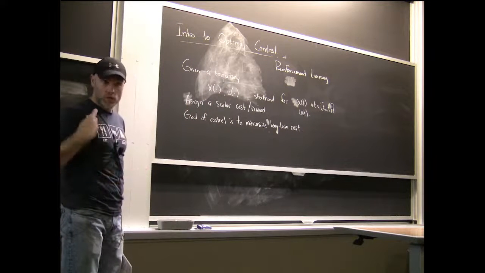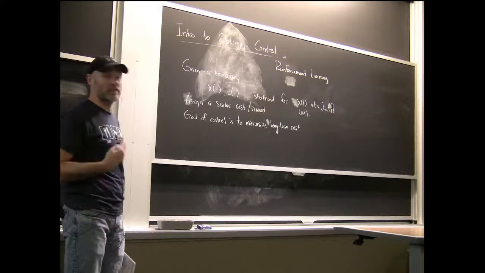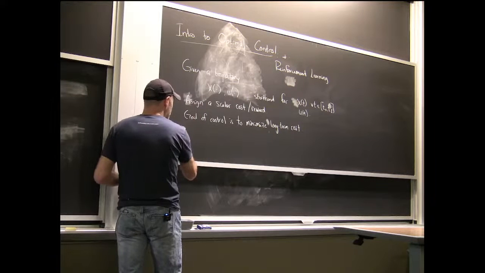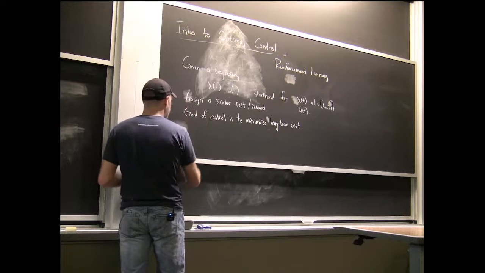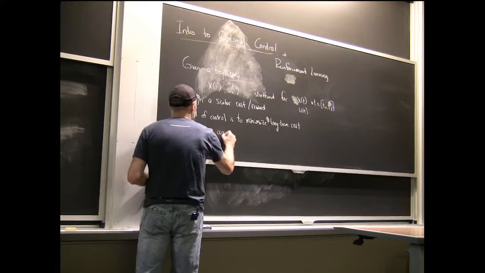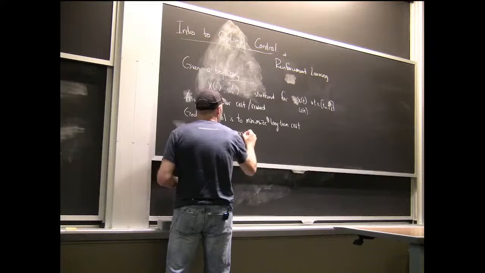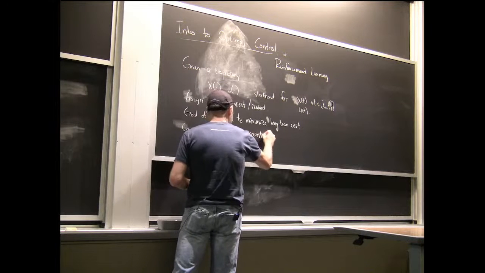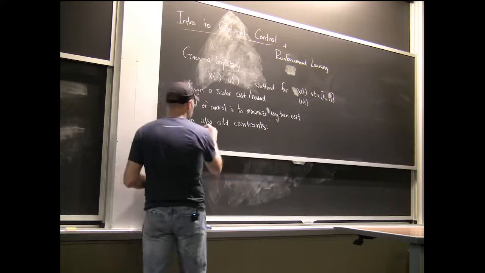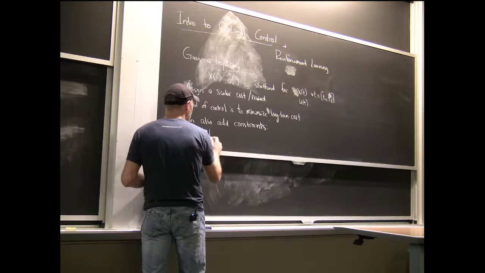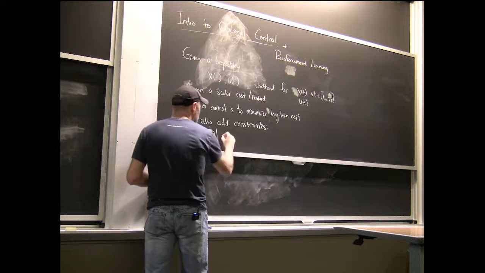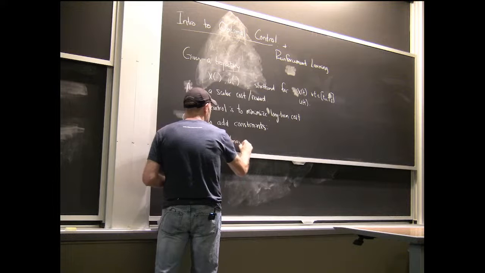Now, optimal control can be more rich than that. You can also say there are constraints. Constrained optimization is a powerful toolbox. Some algorithms are better than others at adding constraints, but you can have constraints like, for instance, that for all t, u of t is less than some torque limit.